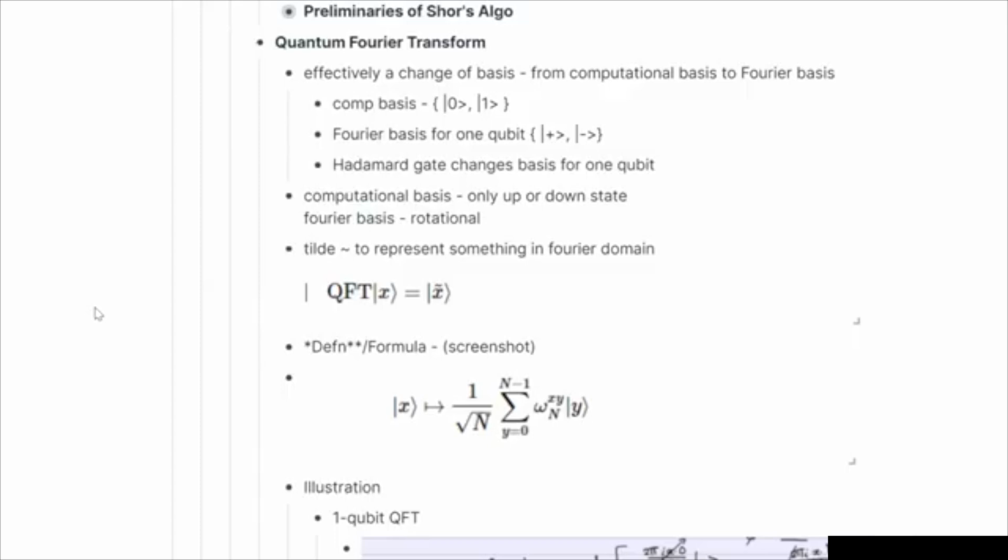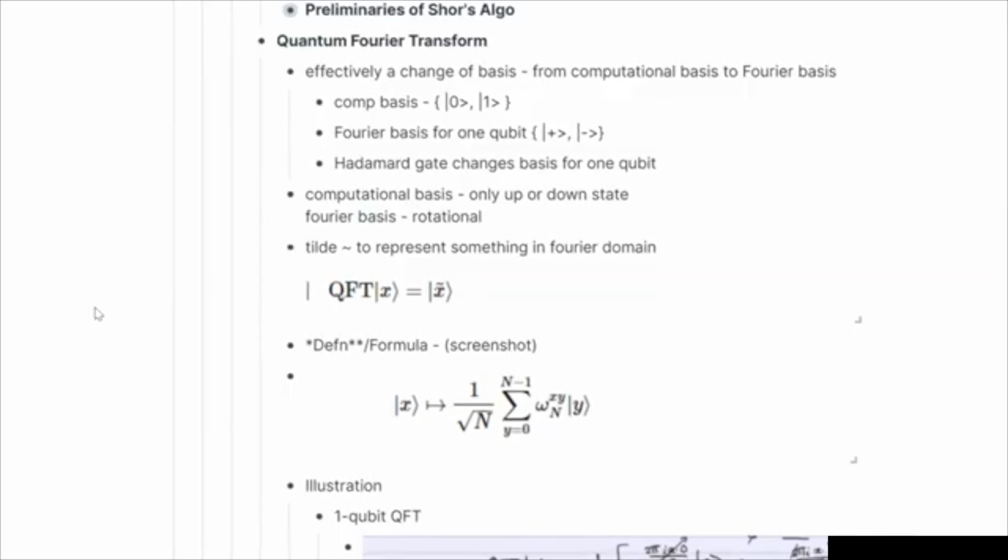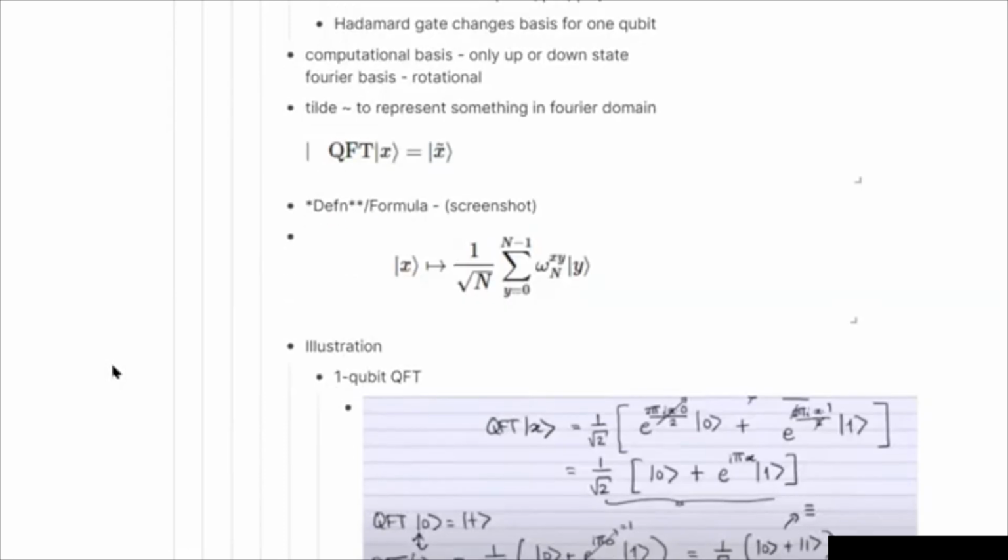Now, the definition of the quantum Fourier transform is basically the exact same as the inverse discrete Fourier transform in our DSP classes. Any state x in its Fourier domain would be represented as 1 over root N, and the summation of, where omega N is e power 2 pi i over capital N. Capital N would be 2 to the power n.